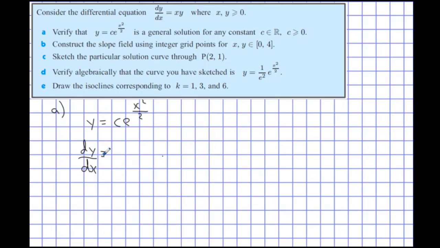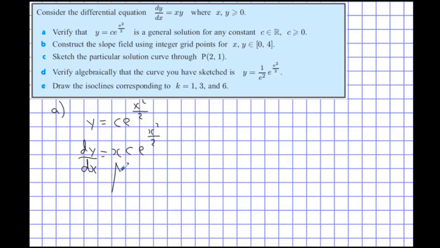So if you had x squared over 2, dy by dx would be 2x over 2, which is just x. So the x comes as a multiplier at the start, so x c e to the x squared over 2. Now, if you look at that, we're supposed to show that this equals xy.